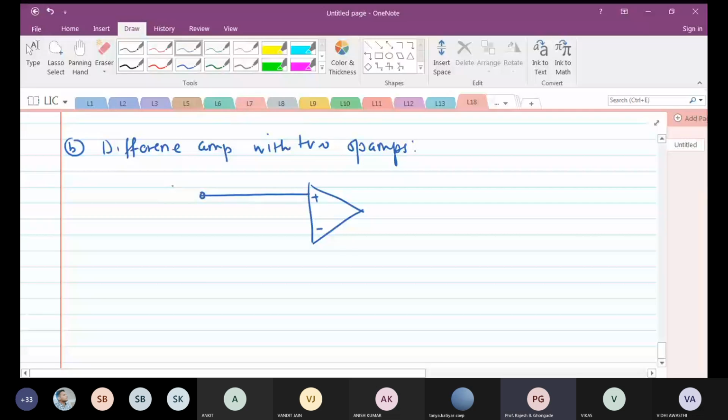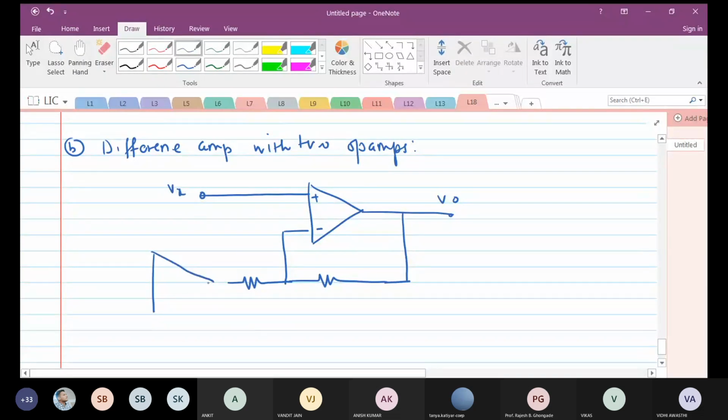This is your first input Vx. Call this operational amplifier A1, call this A2. This is RF, this is R1.